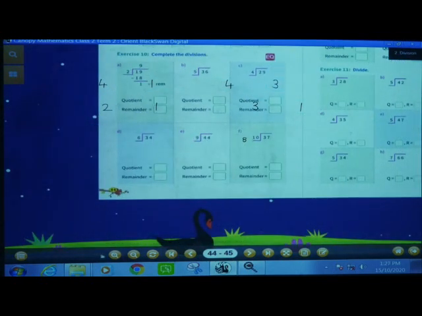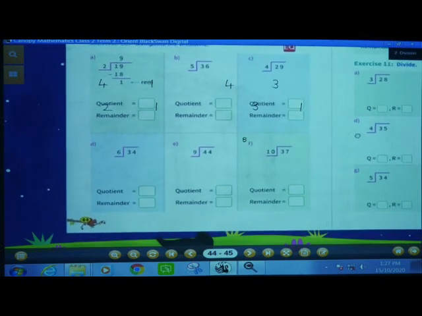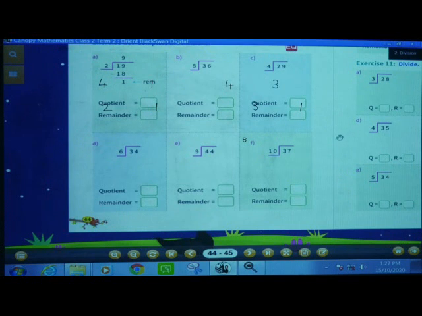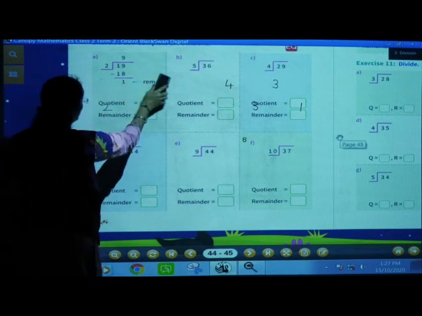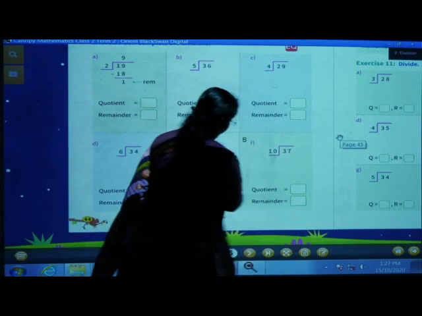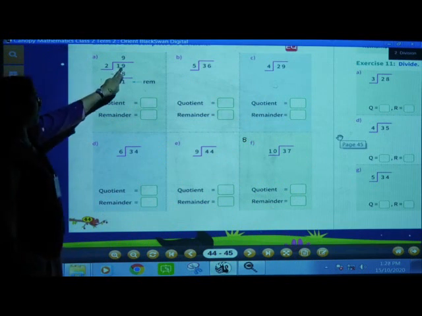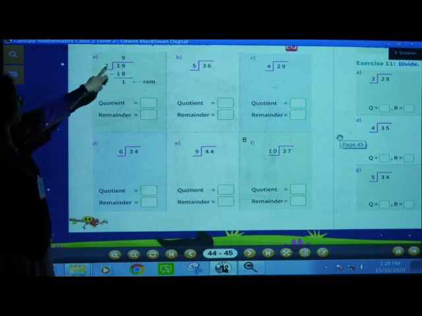What is the first one? 19 divided by, sorry, not 7, 2. 19 divided by 2. 19 is the dividend, 2 is the divisor.